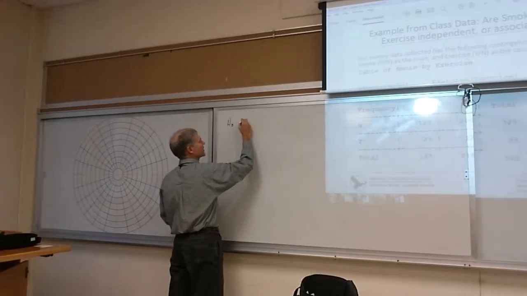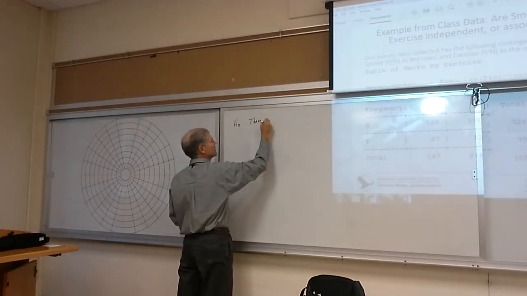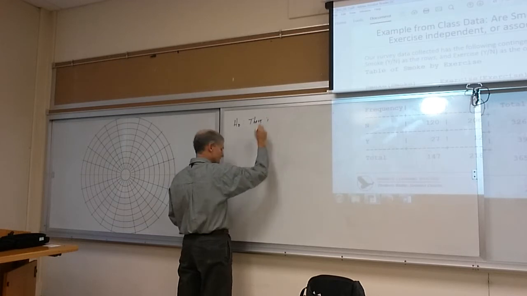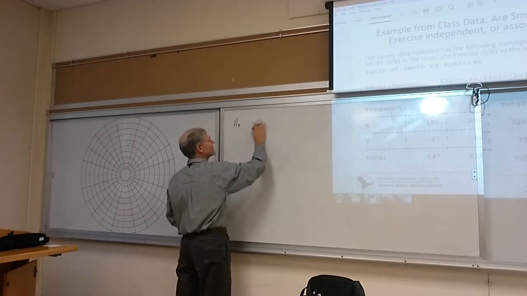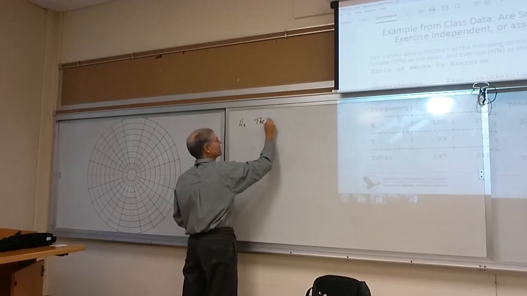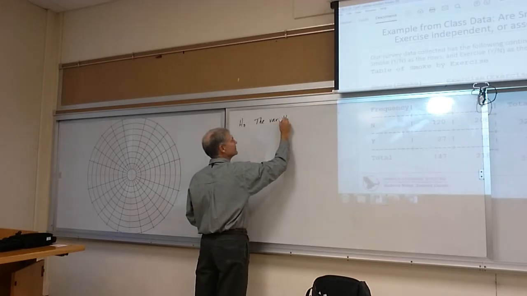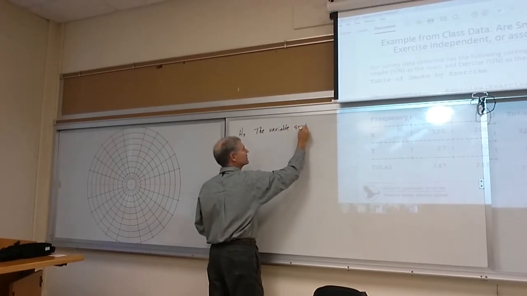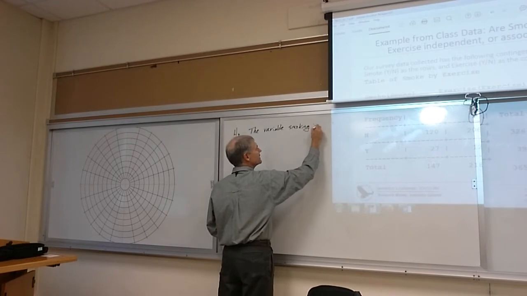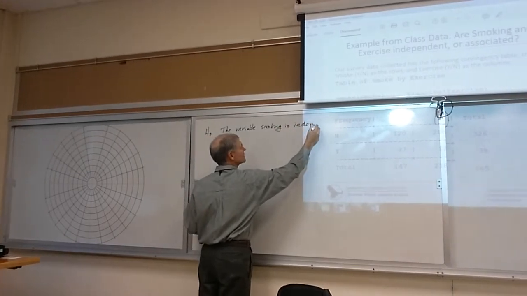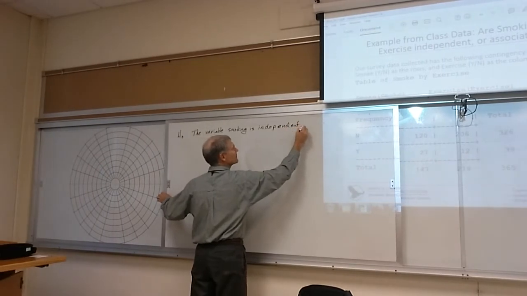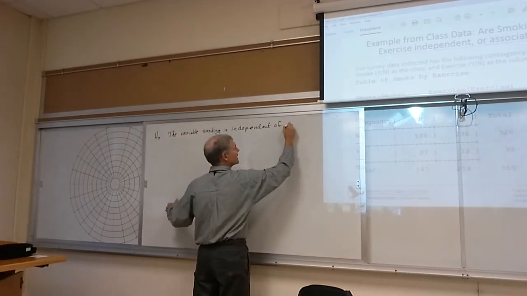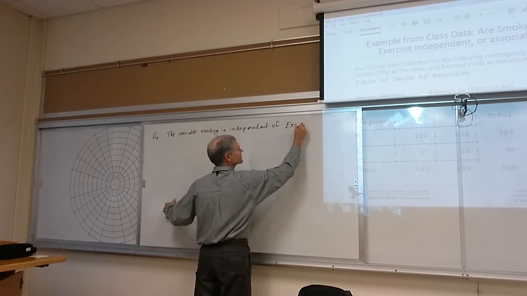So the null hypothesis, no, I don't want to start with there. That would be my way of saying it. Well, I'll start: the variable smoking is independent of exercising.